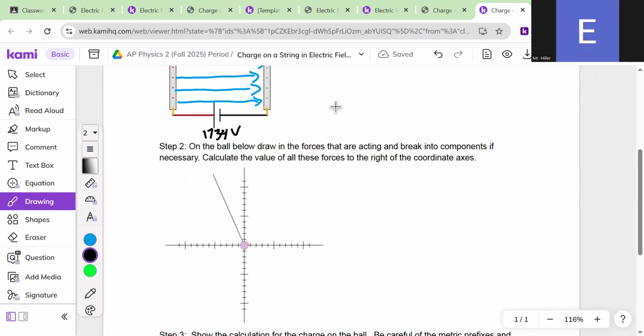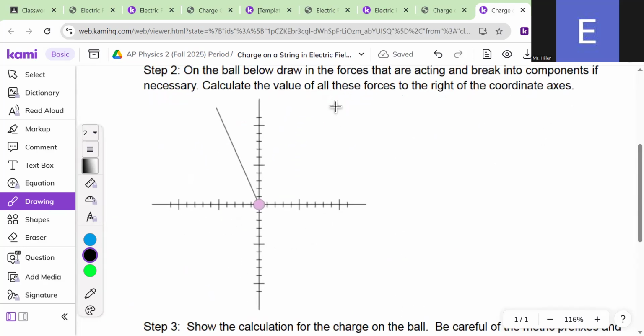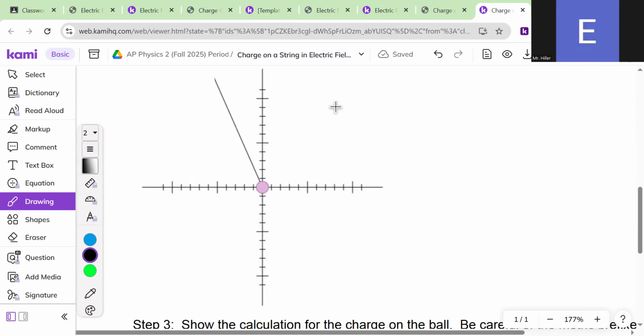So now we're going to draw all the forces that are acting on that ball. I know that I have a tension going up like this. I'm going to break that tension up into its components, going up and over.